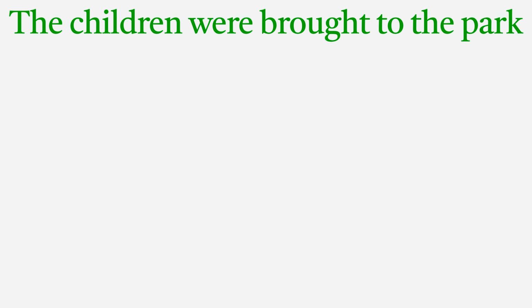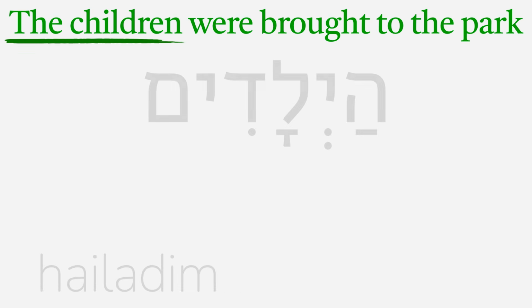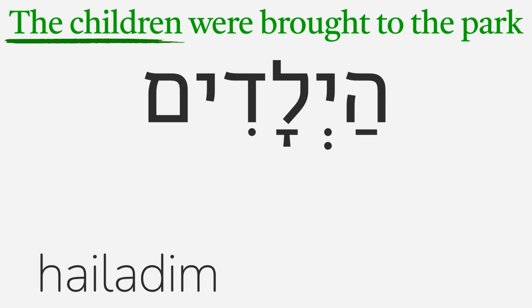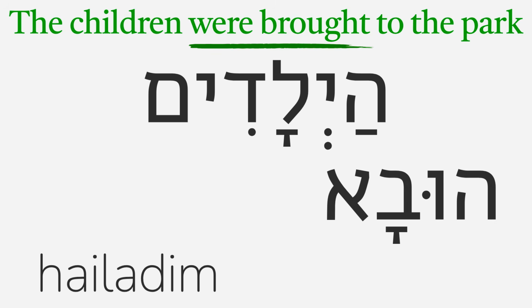Let's make the sentence, the children were brought to the park. The children is hayeladim, and the verb were brought will be the they form of this Hofal past tense. This they form is made from the hu, he form, huva, he was brought, by shortening the last vowel to a schwa and adding u.